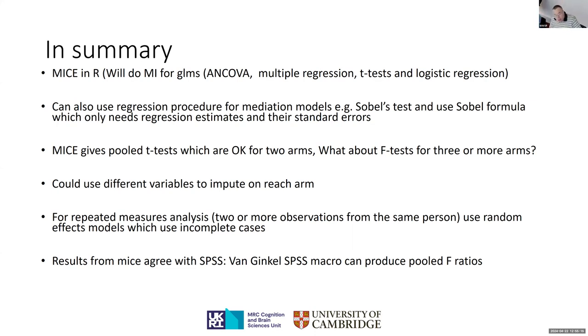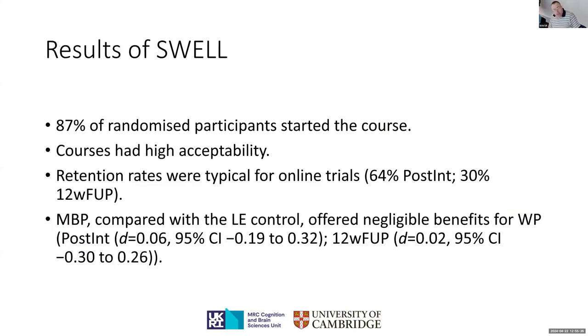But what you can do is check the pooling. And we got the same results pooling in R as we did pooling the same data in SPSS. So that was good, that the pooling was working. And you can actually pool F ratios in SPSS, i.e. when you have 3 or more groups.